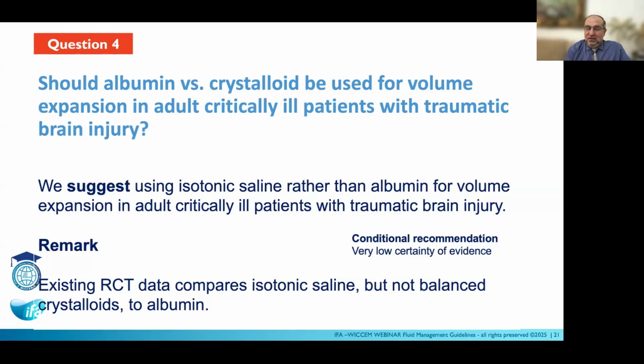We'll mention this in a subsequent question. Isotonic saline, and I'm not using the word normal saline, I'm using isotonic saline or 0.9% saline, is probably the preferred fluid for patients with traumatic brain injury. Certainly preferred over albumin, and as I'm going to show you later, it is preferred over balanced crystalloids.